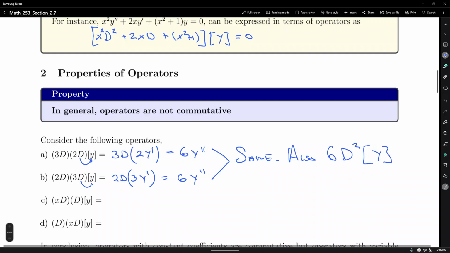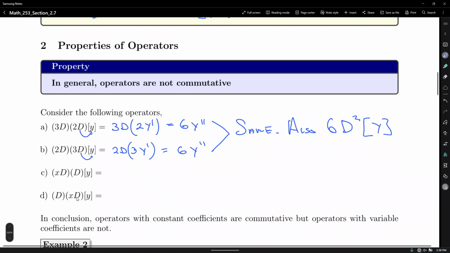Letters C and D, we're going to see something very interesting. This time we have a product of operators, where one of the operators is accompanied by a variable coefficient, not a constant coefficient. You will see what's going to happen here. Again, we perform the operator that is closest to the dependent variable y. In this case, take the derivative.